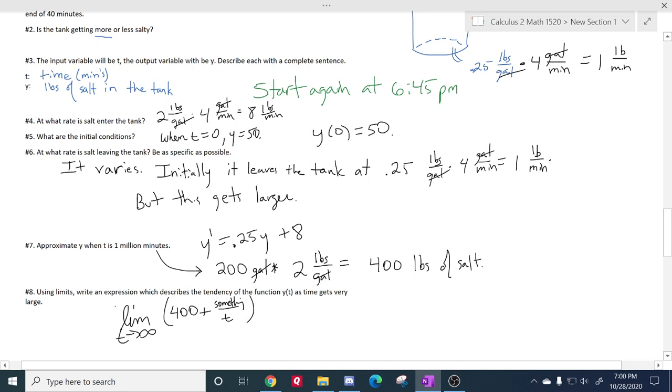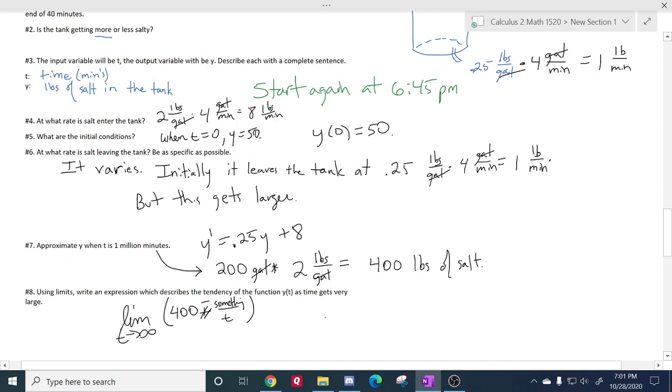Now, the one thing about this approach, though, is this would be larger than 400, and it would be coming down to 400 because it's plus. So we might want to change that to minus. Then, as this gets smaller and smaller, we get closer and closer to 400. So we can get it like that.